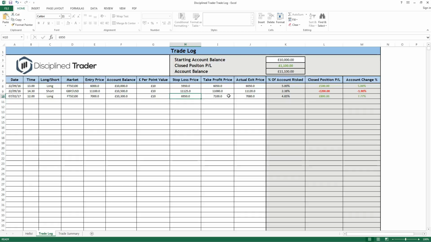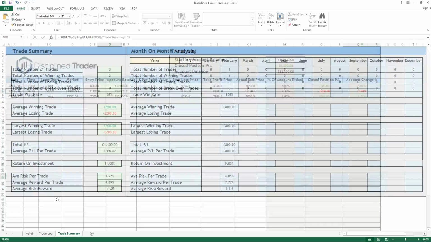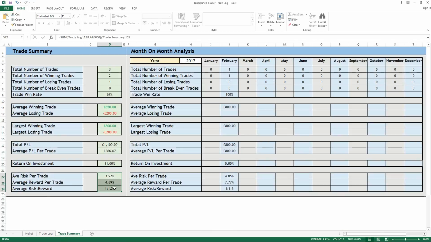But the reward, it won't use the 7,100, it will use the 780 figure because we actually realised this result. On a losing trade, for example, it won't use the stop loss figure, it will use the actual price we exited at, because as you can see on this one here, this was slightly before the stop loss price as well, so we didn't risk as much as we set out to risk, so the little calculation down here will be as accurate as it can be.